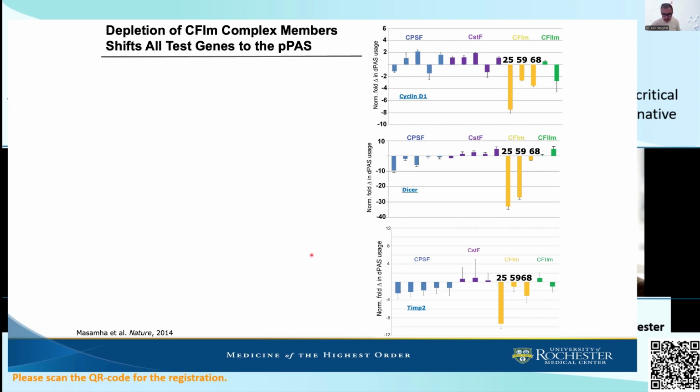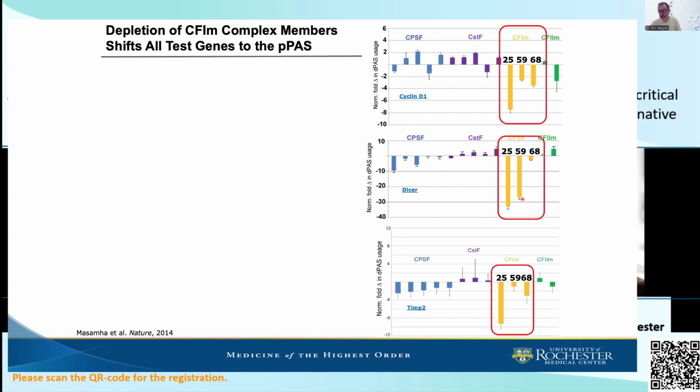So one of the first papers we published, we did a mini RNAi screen where we knocked down all those members of the cleavage and polyadenylation machinery, and then looked at 3 test genes and looked at their APA using qPCR. And we found that knockdown of one of the subcomplexes called CF1 led to broad 3' UTR shortening of these 3 test genes.